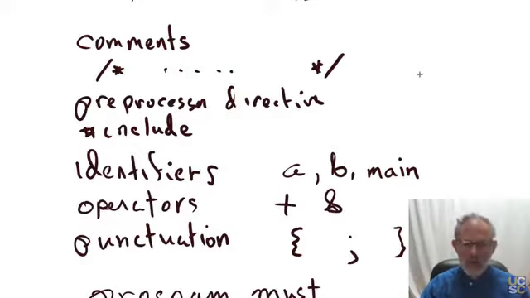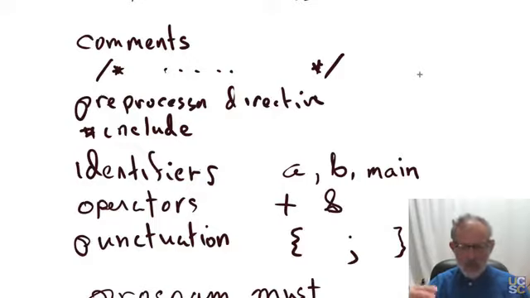Another big part of having a program be correct are things like identifiers, and these are possibly multi-letter, but they can be as short as single-letter tokens. So A and B can be identifiers, and we'll see that in the next program. And main is a typical identifier because it's special in the sense that it indicates where the program is going to start executing.